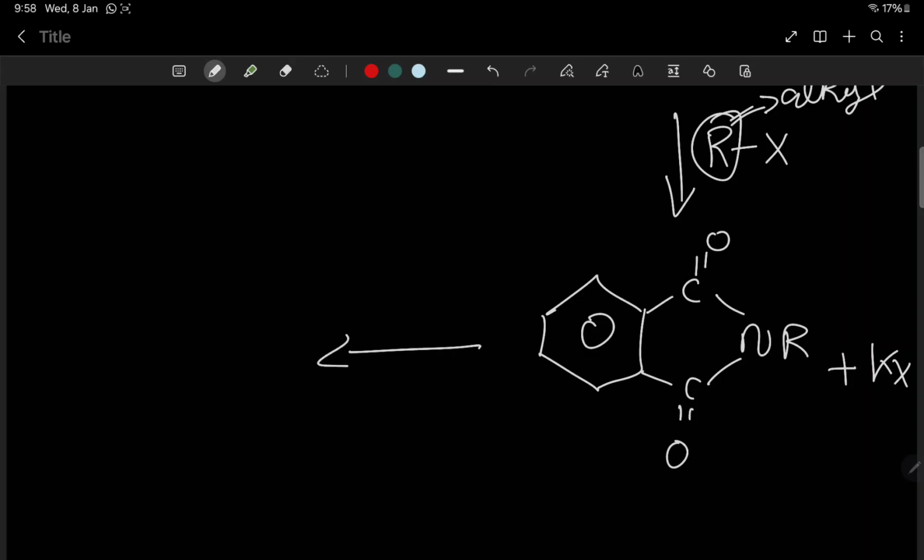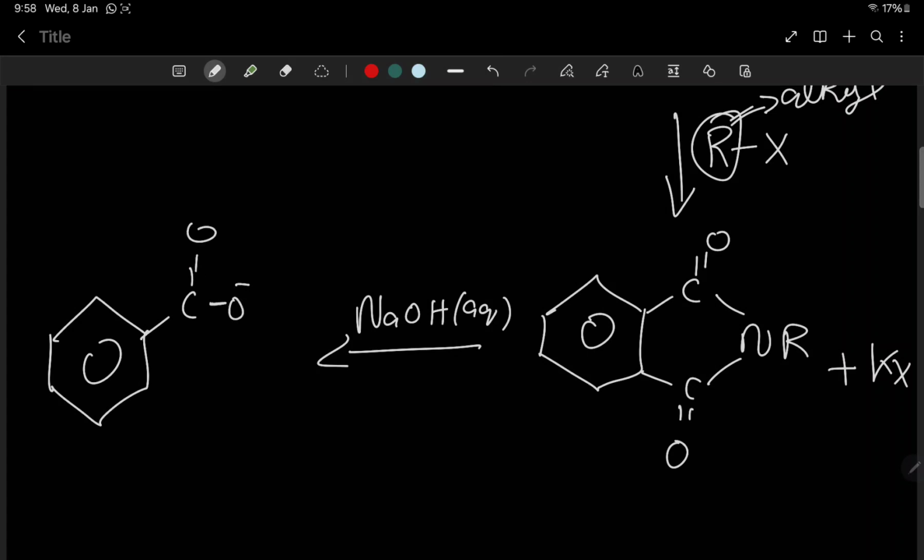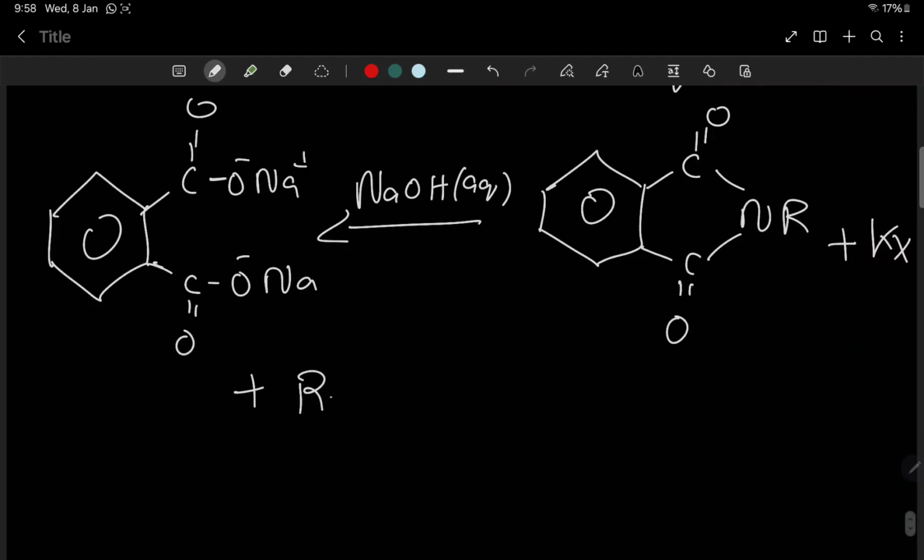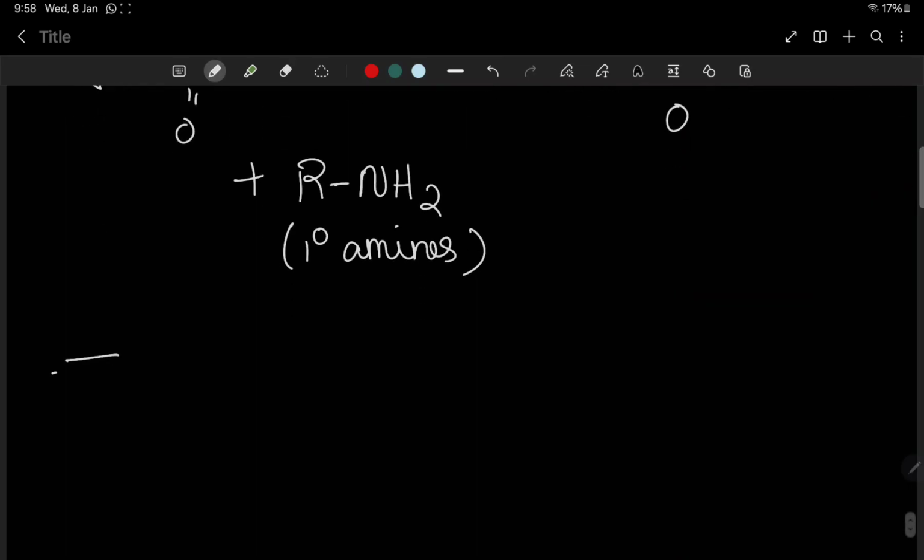Now into this compound, that is N-alkyl phthalimide, I am adding NaOH, not alcoholic but aqueous NaOH. I get the C=O O minus Na plus compound and our main compound, the primary amine. This method can only be used for preparation of primary amines, and note, only aliphatic primary amines.